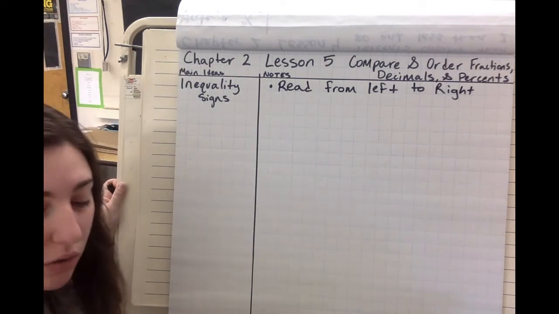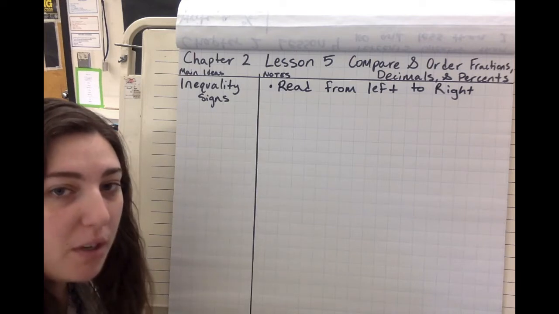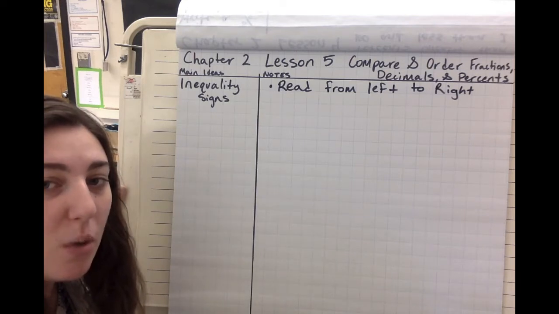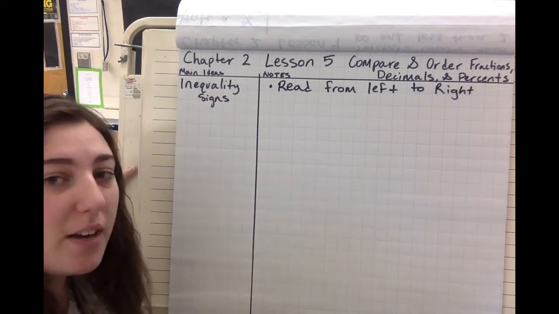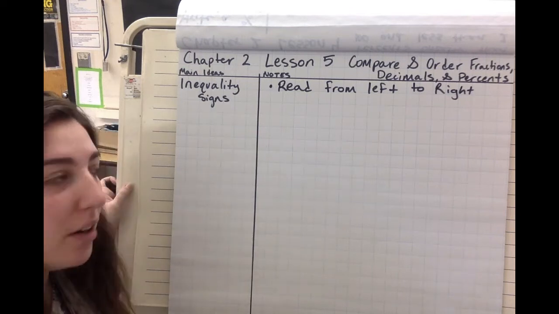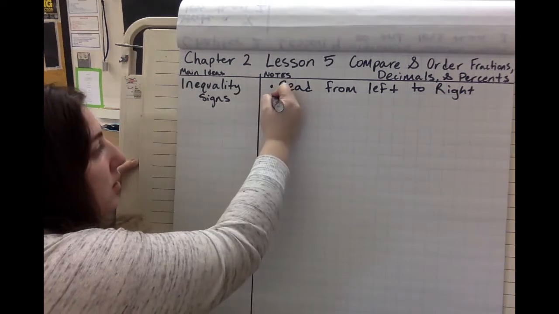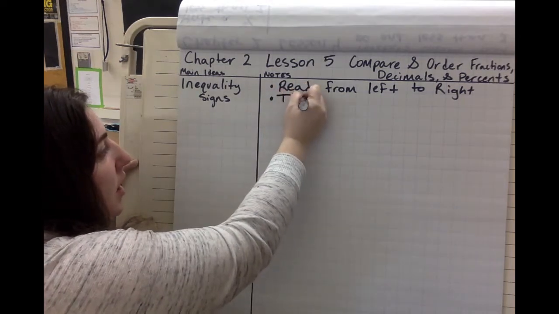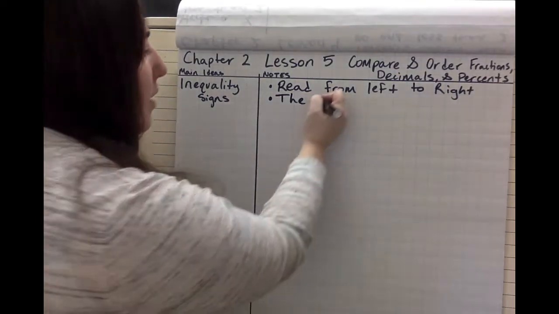Then something that helps you remember which of the inequality signs is larger or smaller is, if you think about an alligator, an alligator wants to eat the bigger number. I'll draw this so you'll understand a little better.